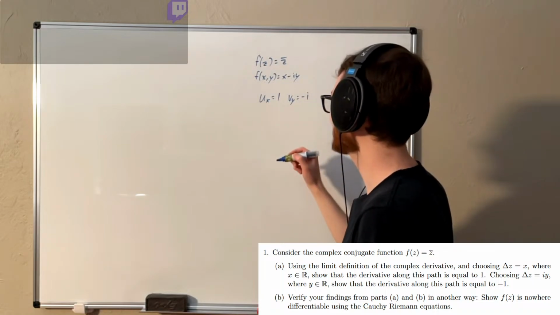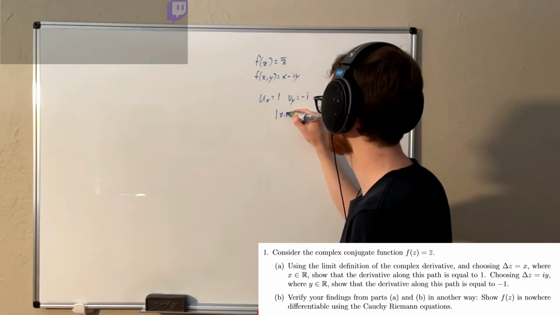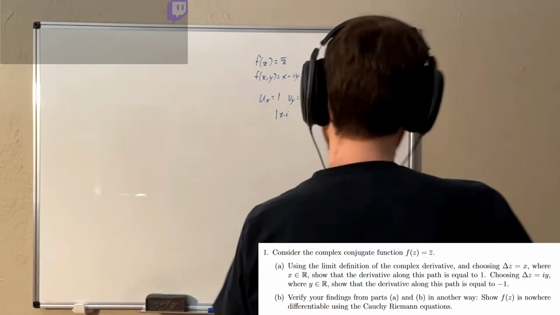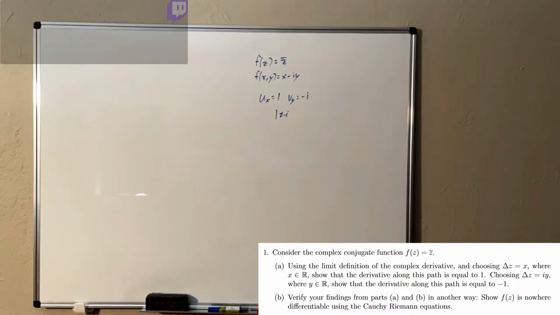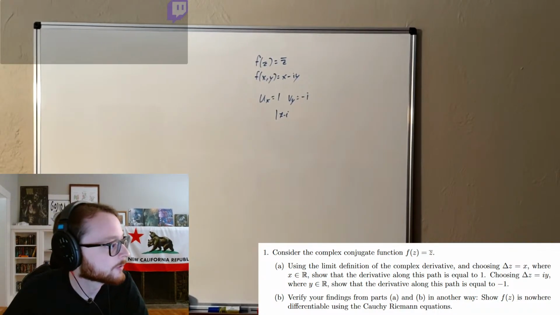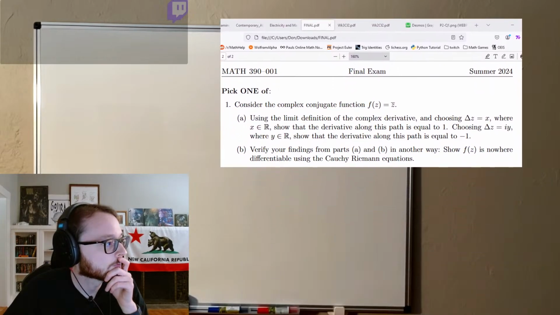And we don't have to check the other part of the Cauchy-Riemann equations, since 1 is never equal to negative i. So there is no value of x and y such that those two things are equal, so this function is nowhere differentiable. I think that's all you really need to do there for part B.